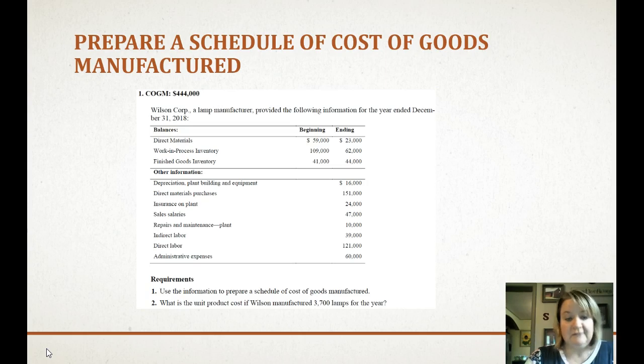And the requirements are to use the information above right here to prepare a schedule of cost of goods manufactured, and it also wants to know the unit product cost if Wilson manufactured 3,700 lamps per year. So let's do requirement number 1.